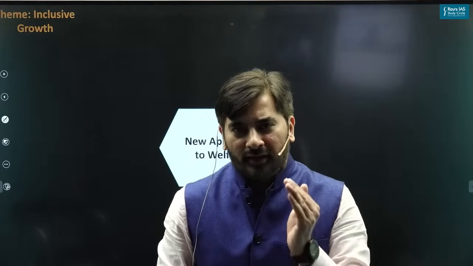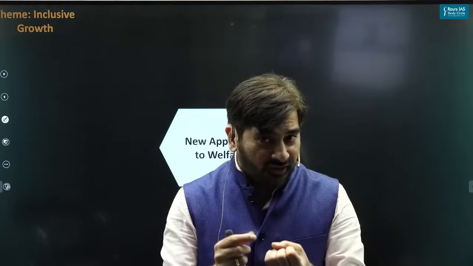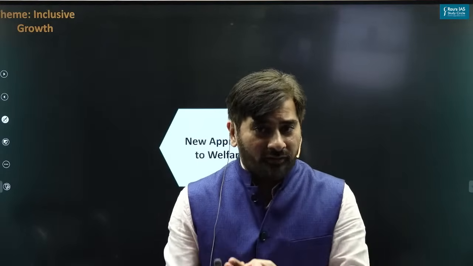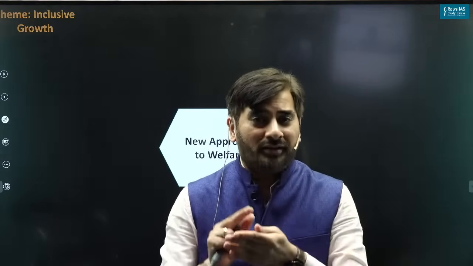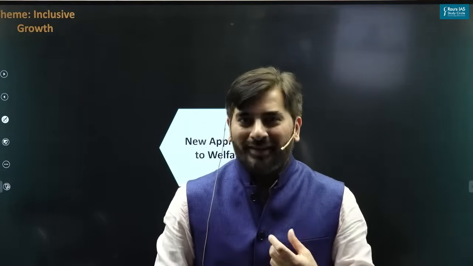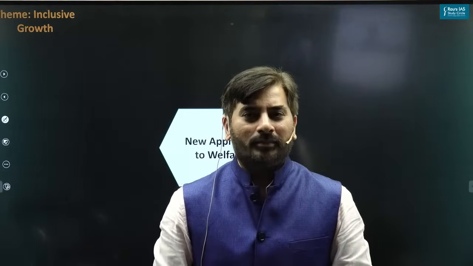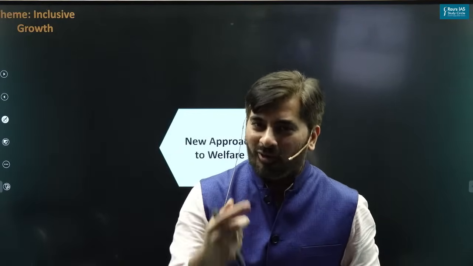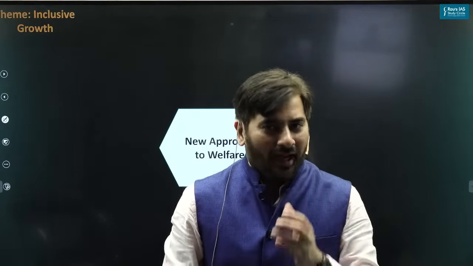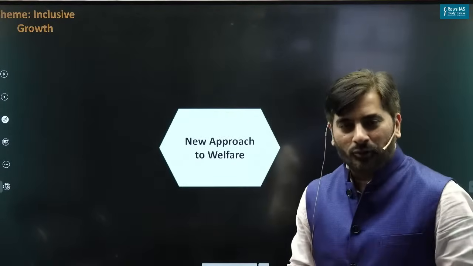Basically, it includes the expenditure which the government incurs on social services, which include education, health, housing, sanitation, drinking water, and so on. So obviously, if the government is pursuing a welfare-based approach, don't you think that the government should spend more money on the social sector? And that is the first component of the welfare-based approach of the government.